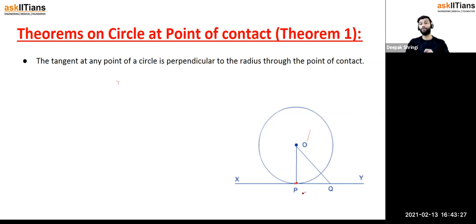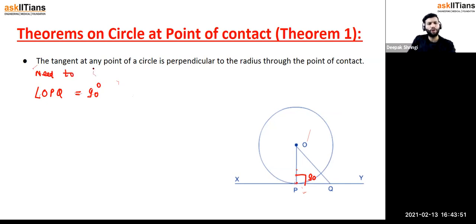That tangent is going to be perpendicular to the radius at the point of contact, right? So basically we need to prove that this angle would be 90 degrees. What we have to prove in this question is that angle OPQ equals 90. I'll write it over here, we need to prove it.